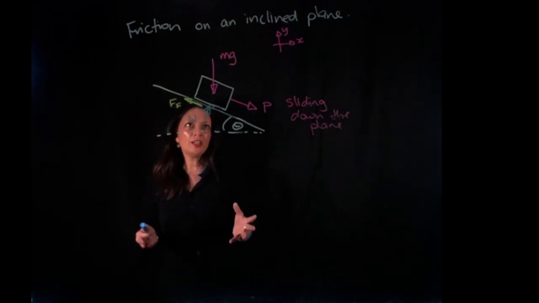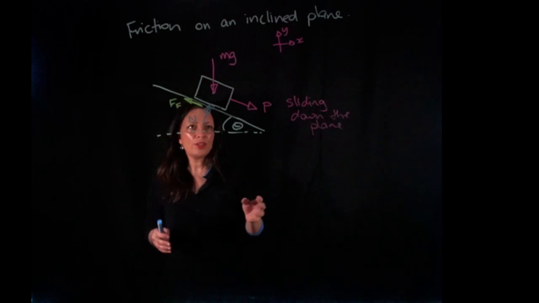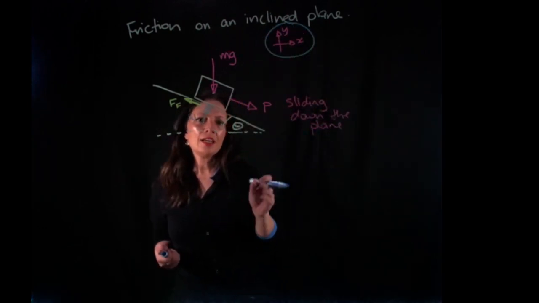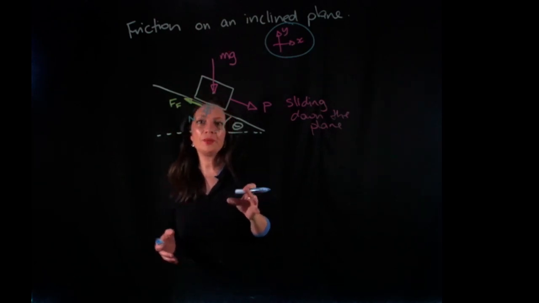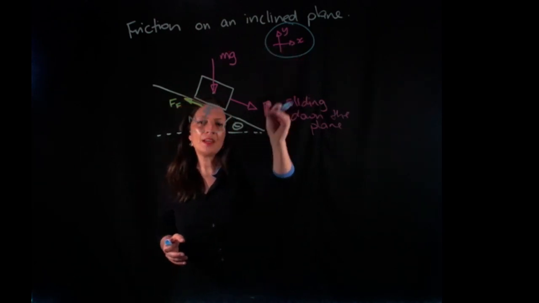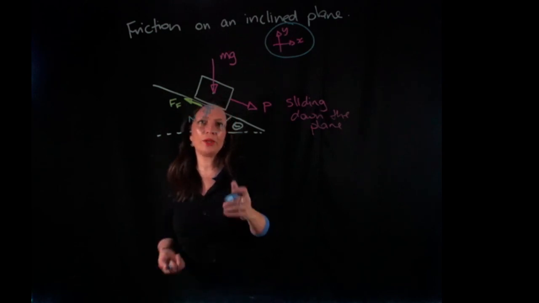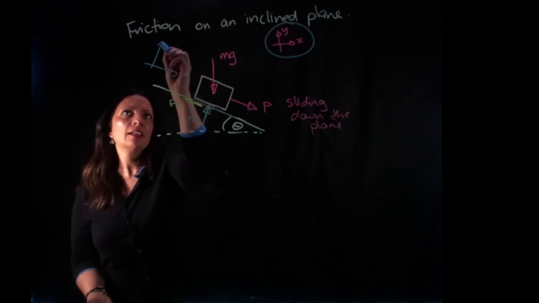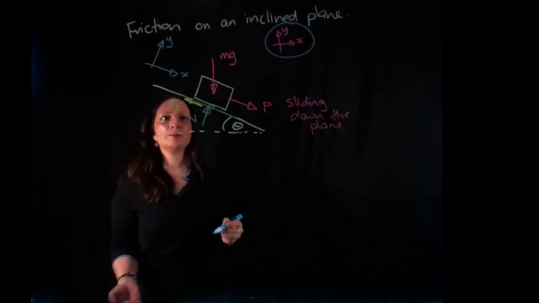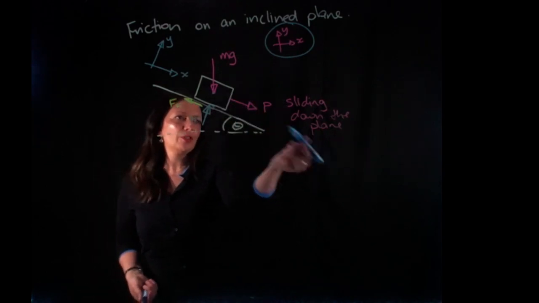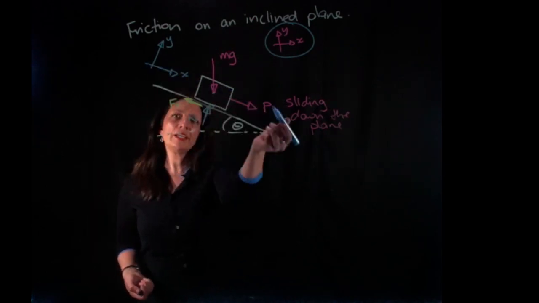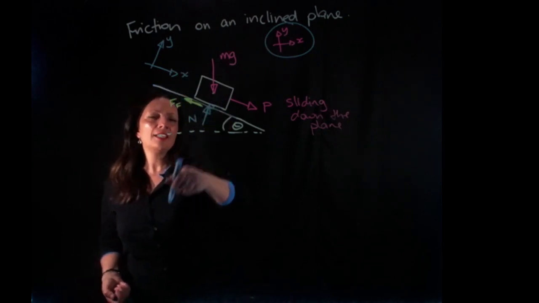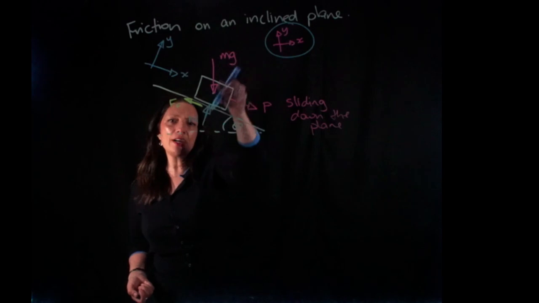Normally we would solve the question with our original coordinate system. But to solve this more simply, we're going to rotate the axes and then split the forces up into x and y components. My axis is actually going to look like this, x and y. My pulling force P is in the x direction, the frictional force is in the x direction, and N, our normal force, is in the y direction.